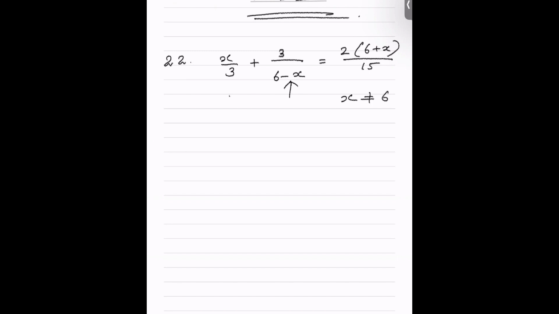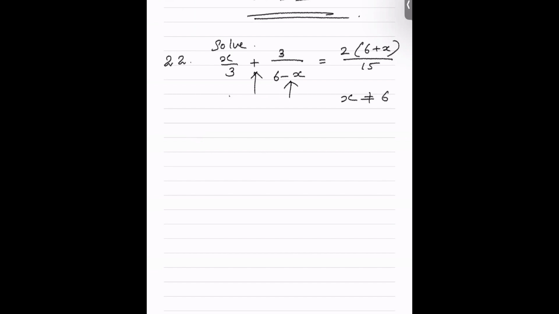Now, what is it that you have to do here? You have to solve. So how can you solve it? Whenever you see a plus sign or a subtraction symbol, you have to take the LCM of the denominators and make the same denominator. Only then can you do any kind of simplification.